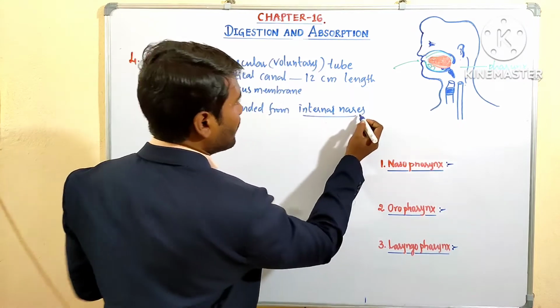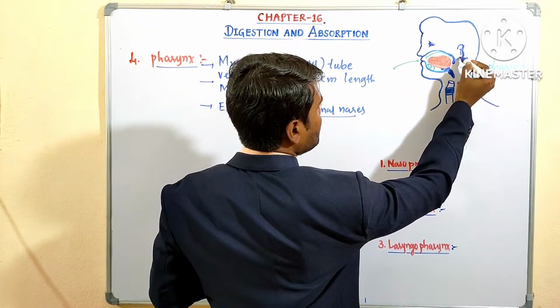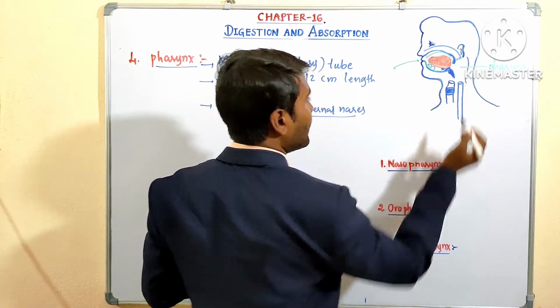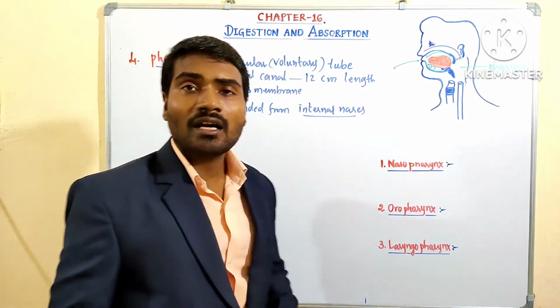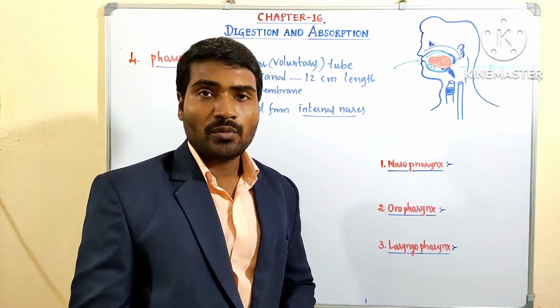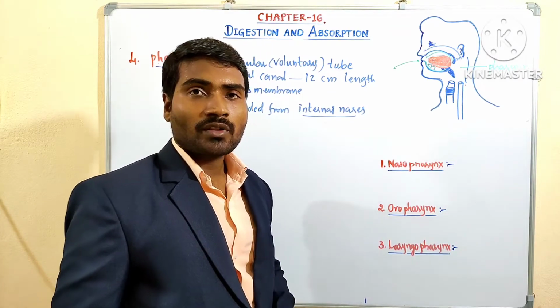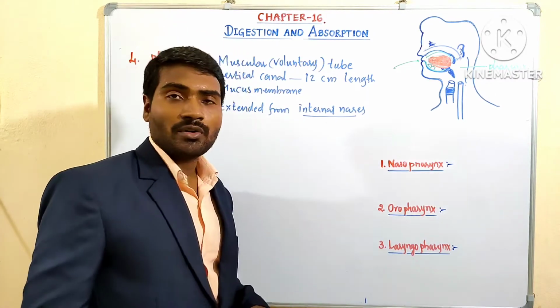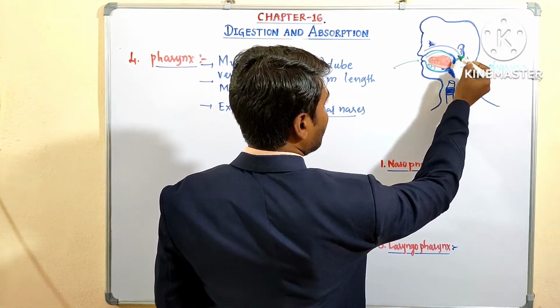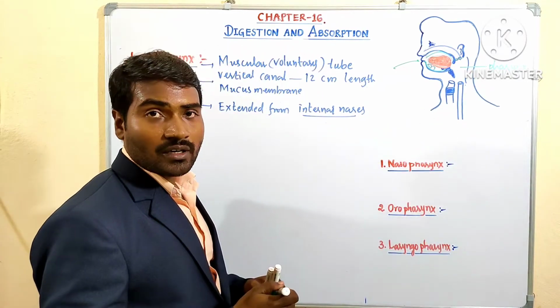Internal nares are nothing but the openings of the nasal cavity. This is the nasal cavity, and these are the openings of the nasal cavity, which are called internal nares. The pharynx is a muscular, triangular or conical shaped tube which extends from the internal nares. Internal nostrils we can also call them.